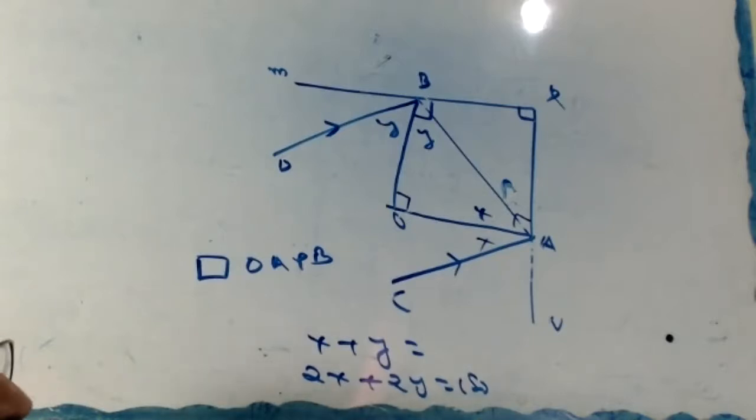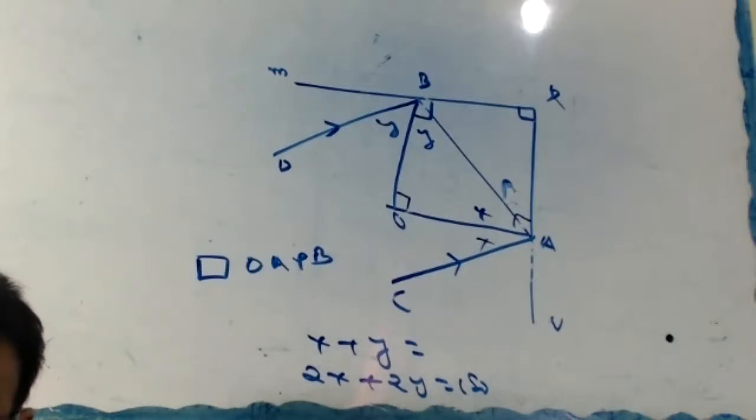OA perpendicular to mirror N. OB perpendicular to mirror M. Then in quadrilateral OAPB, angle A equal to angle P equal to angle B, 90 degrees. Therefore, angle AOB is 90 degrees. Up to here, okay or not? Tell me now.